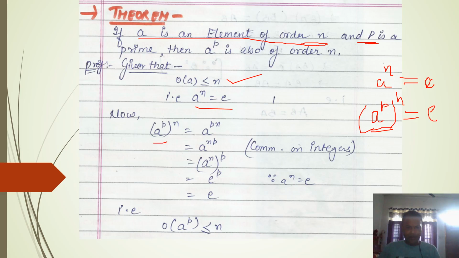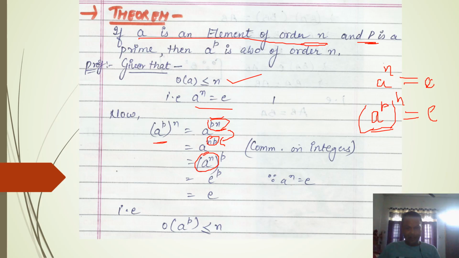And what will happen if you apply the power n on A to the power p? It will be written as A to the power pn. Here p and n are both integers, where p is a prime integer while n is another integer, which may be prime or non-prime. You can apply multiplicative associativity on these numbers, so you can write pn equals np.